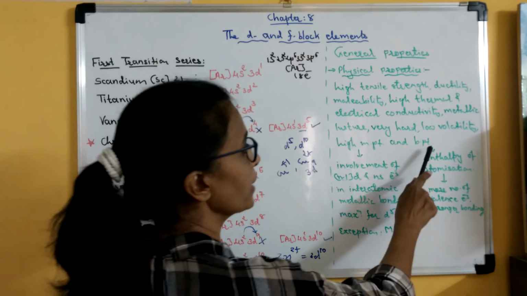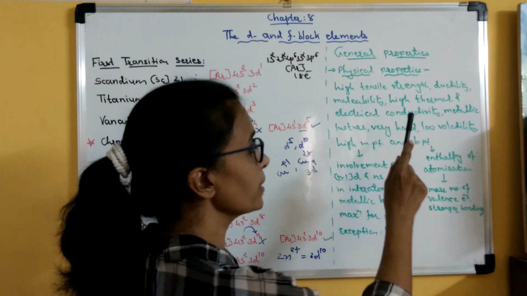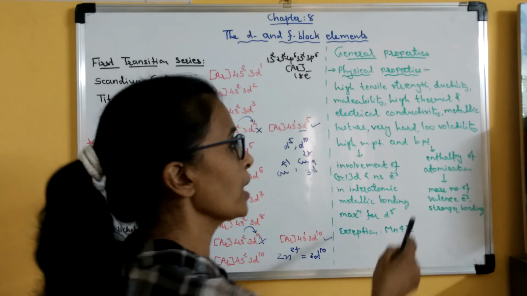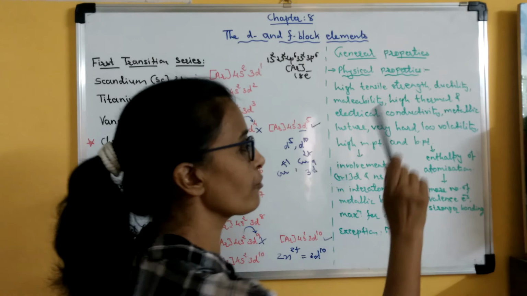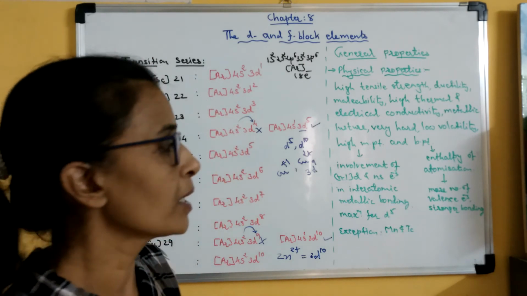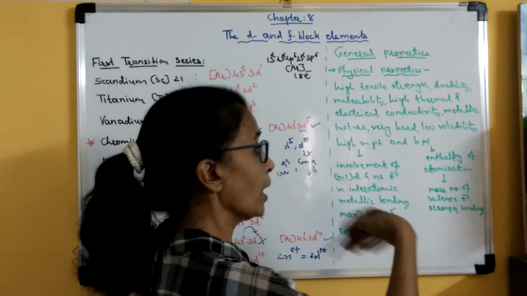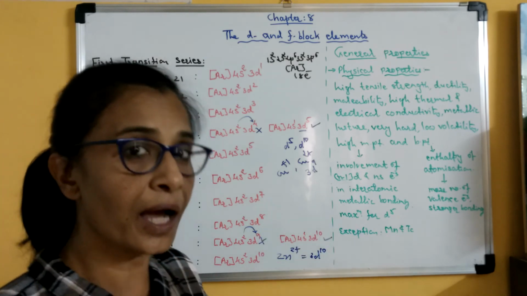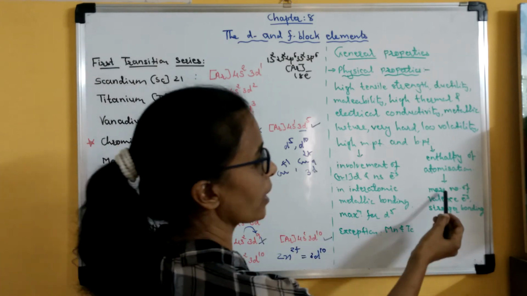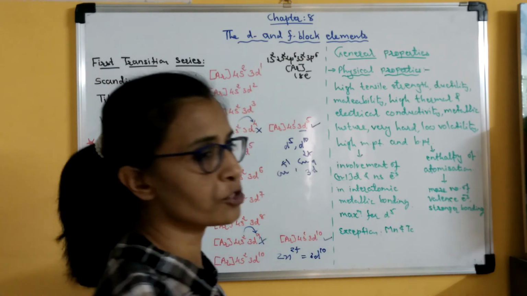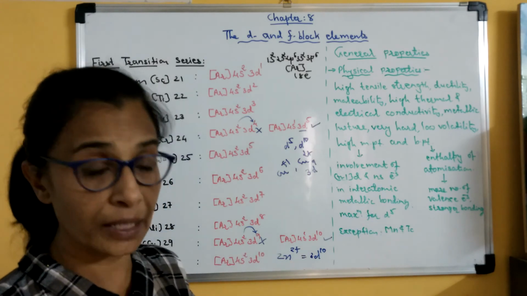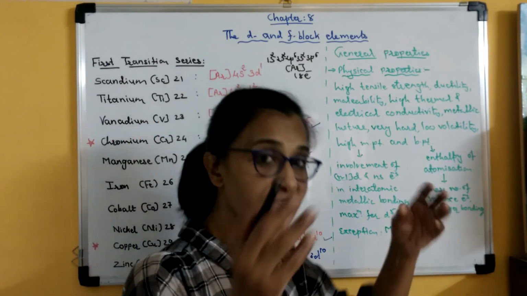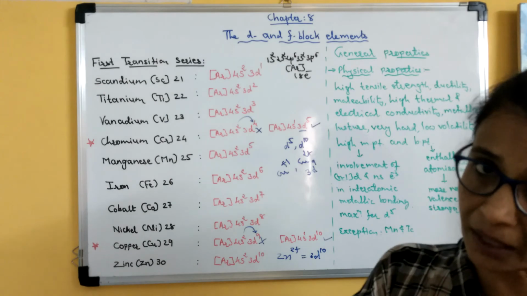Clear? Then higher or very high boiling point is known as enthalpy of atomization. Clear? Now why do they have very high boiling point? Reason is again more number of valence electrons, so stronger bonding. Clear? Stronger bonding with themselves as well as with the other elements.